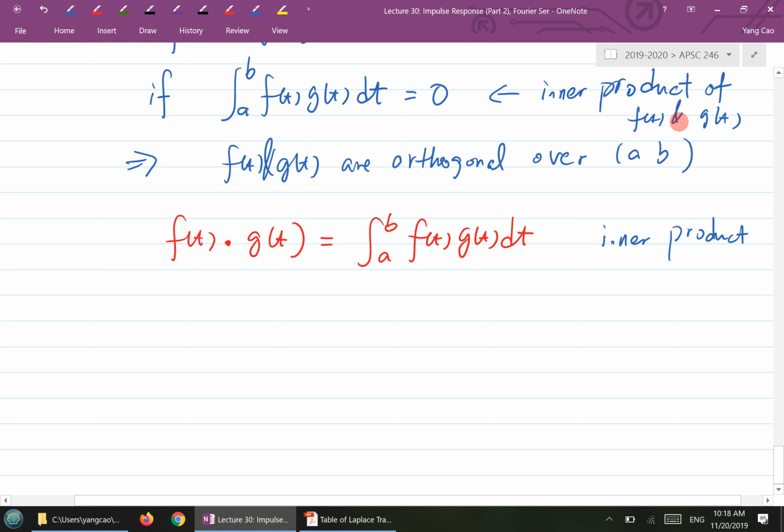Now let's take a look at what types of functions are actually orthogonal to each other.